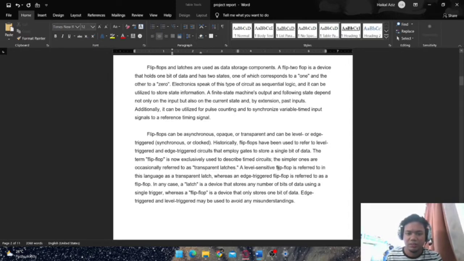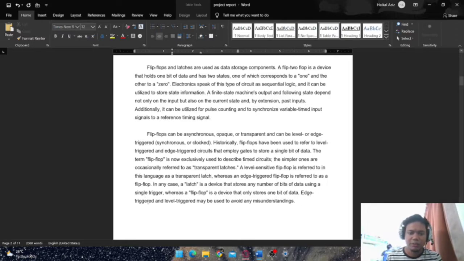A level-sensitive flip-flop is referred to in this language as a transparent latch, whereas an edge-triggered flip-flop is referred to as a flip-flop. In any case, a latch is a device that stores any number of bits of data using a single trigger, whereas a flip-flop is a device that only stores one bit of data.